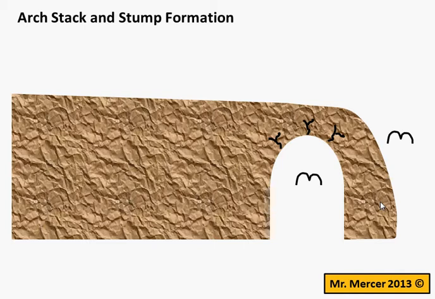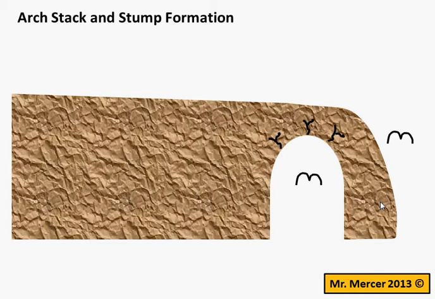Salt crystallization, where the constant exposure to moisture and seawater causes salt crystals to grow within the rock, shattering it apart. And finally, freeze thaw, where water gets into cracks in the rocks, freezes, expands and breaks it apart. These are another three processes which allow you to explain how the rock is being broken down or weathered away. Make sure that you refer to them being weathered away, as these are weathering processes, not erosion processes.